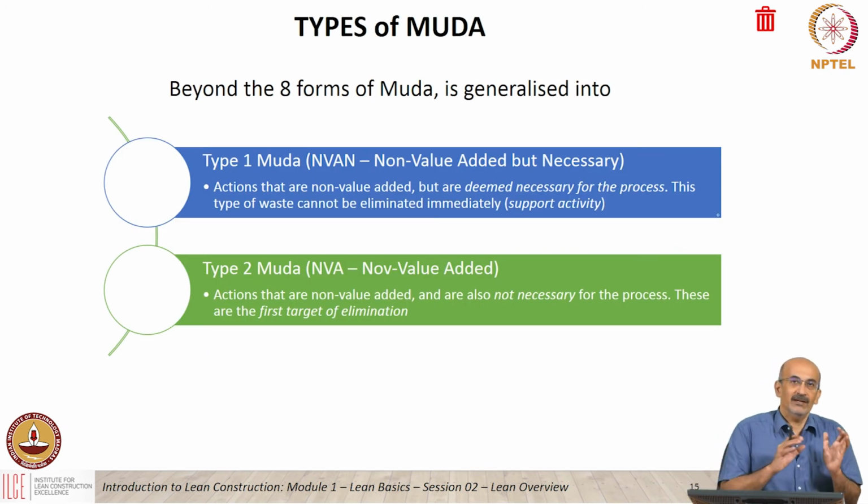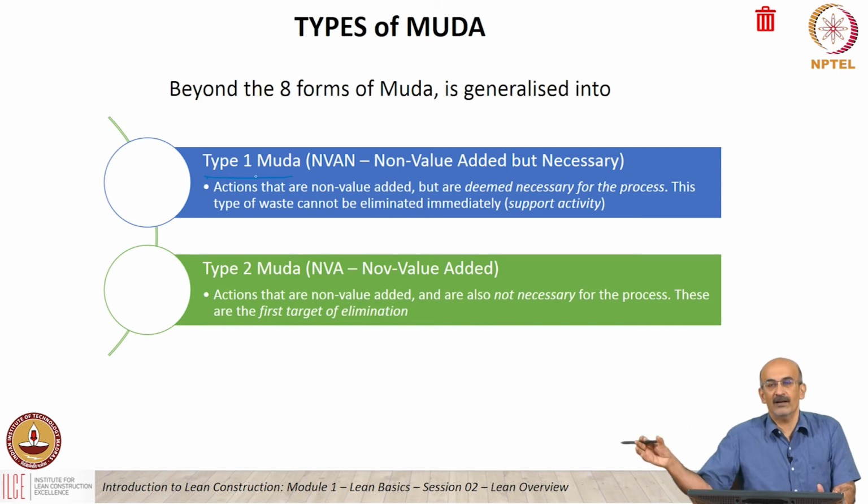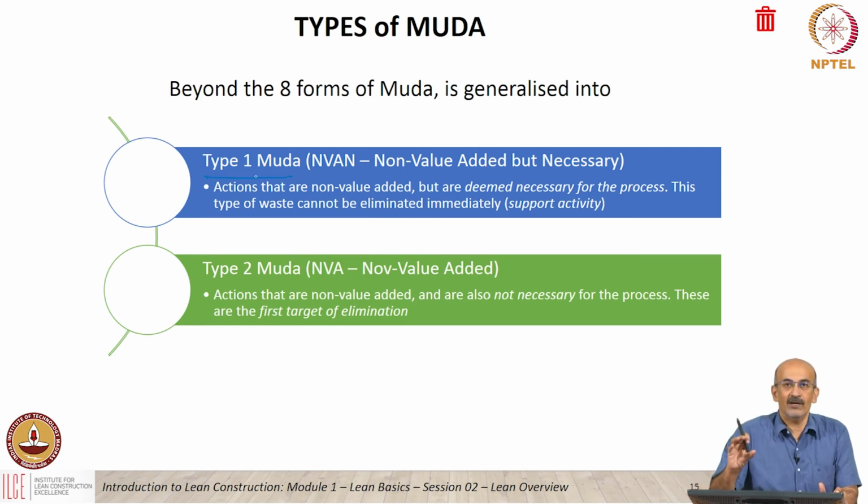Now, we can take the 8 forms of waste and we can look at them in 2 types. We call it non-value added but necessary, that is type 1 MUDA. Here what we talk about is something that you need to do to be able to do value added work. So it's non-value added in essence but necessary.